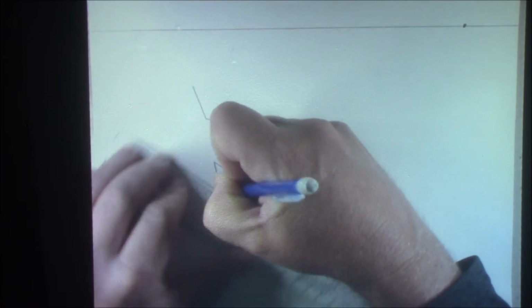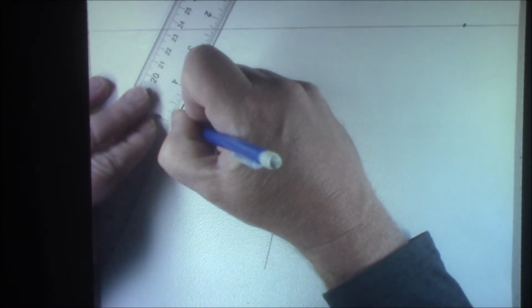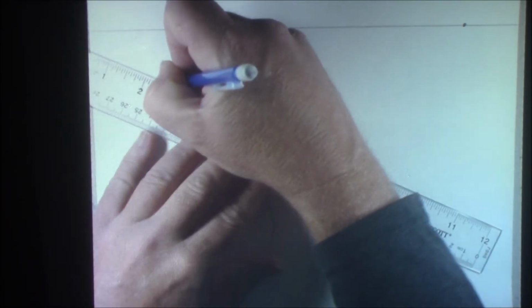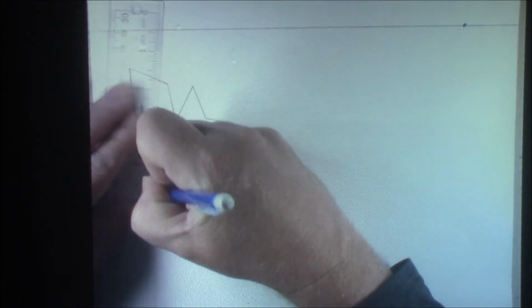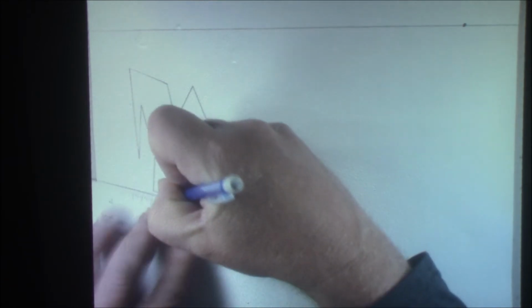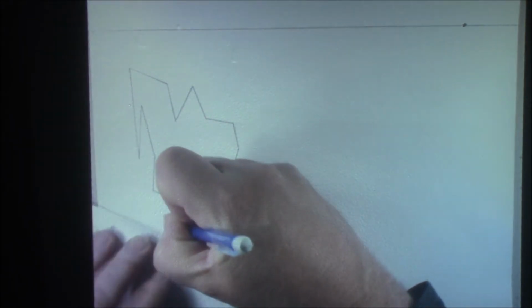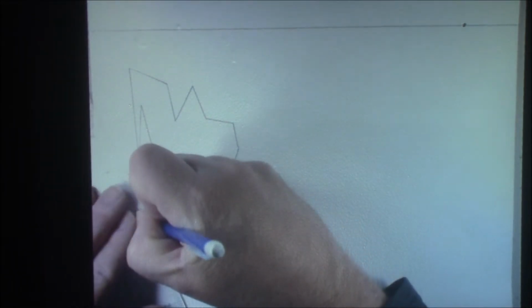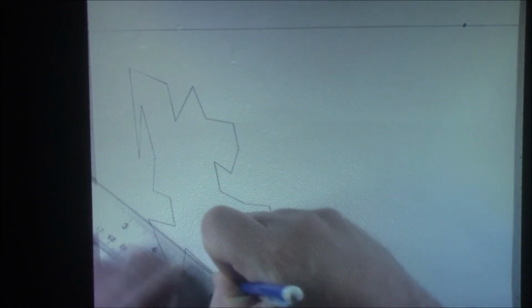It could be any shape. It doesn't have to mean anything or be anything, but it certainly could. When you get done, you might think, oh, that looks like something.